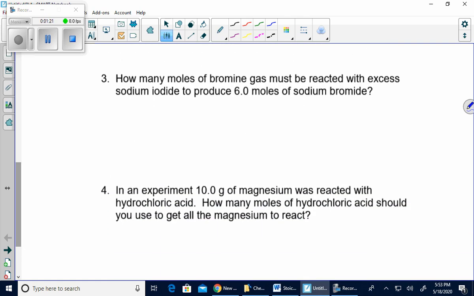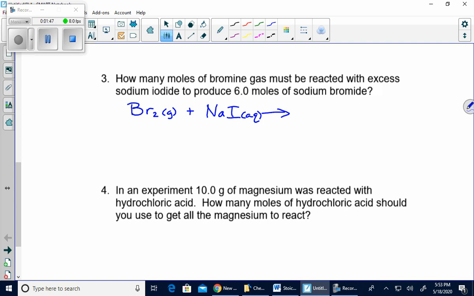All right, how many moles of bromine gas must be reacted with excess sodium iodide? Okay, so bromine gas reacted with sodium iodide, and it says that's aqueous, excess, to let you know that there's enough of that to get all of that bromine to react.